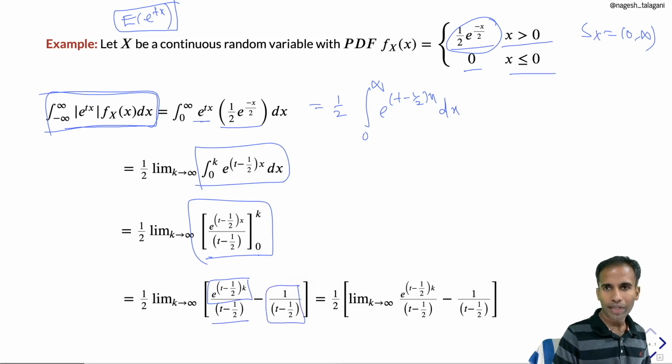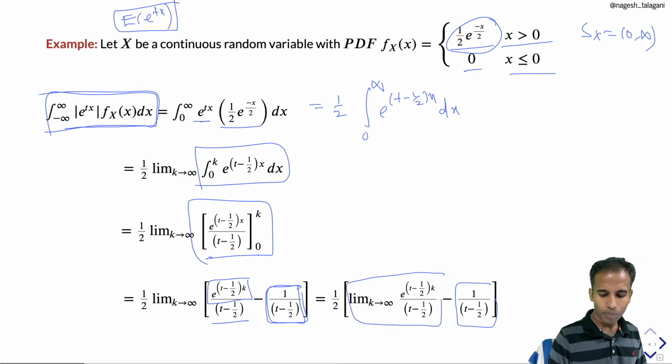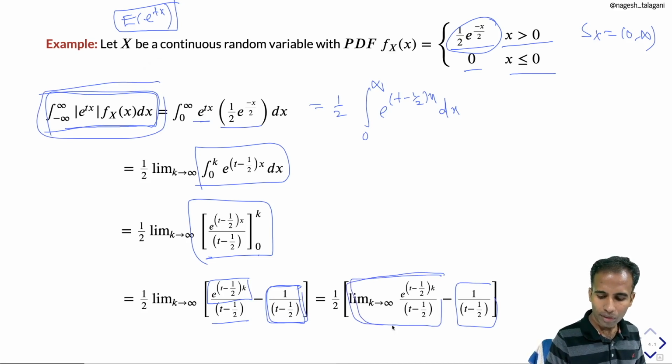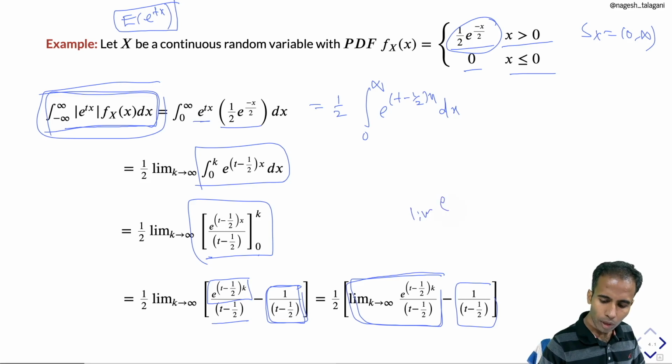If I let k go to infinity, the second term has nothing to do with k, so it stays as it is. The limit applies only to the first one. This integral will be convergent only when this limit exists. The limit of e^((t - 1/2)k) as k goes to infinity is either 0 or infinite.